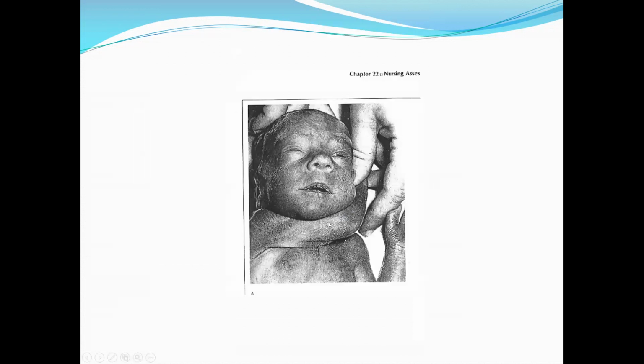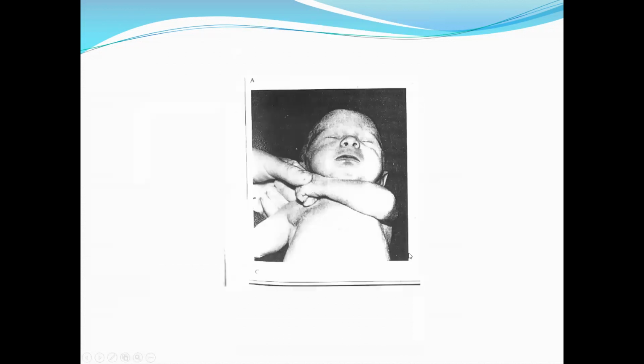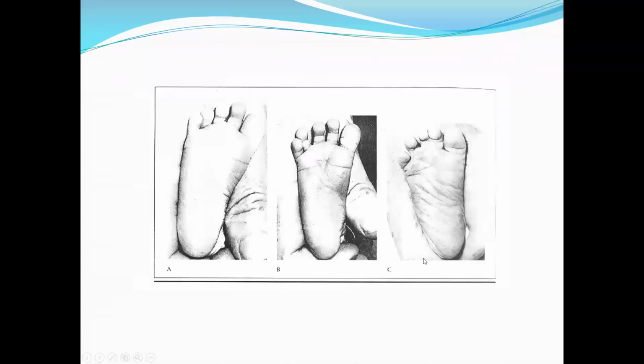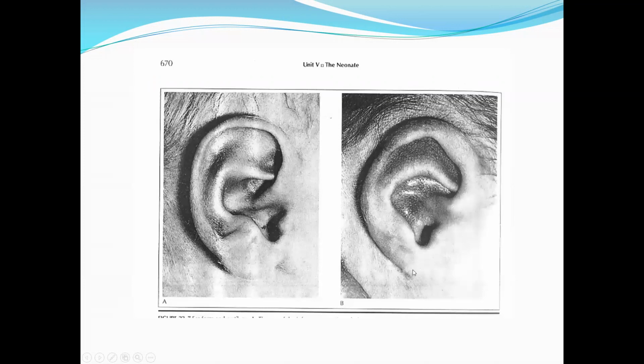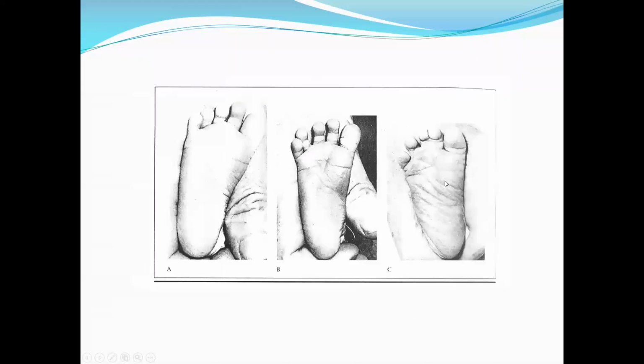And this is premature when they pull the arm across. And then looking at the bottom of the feet, there are lots of wrinkles on a mature, fully developed newborn. Premature, you don't have much cartilage around the ear, and then full gestation, there's a lot of cartilage. Okay, now I can go back.